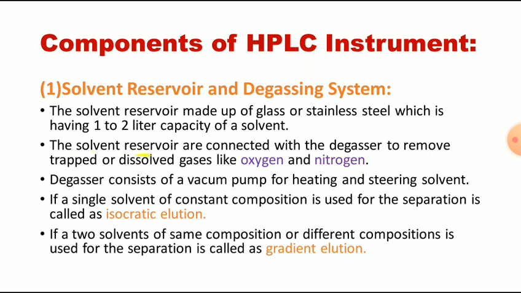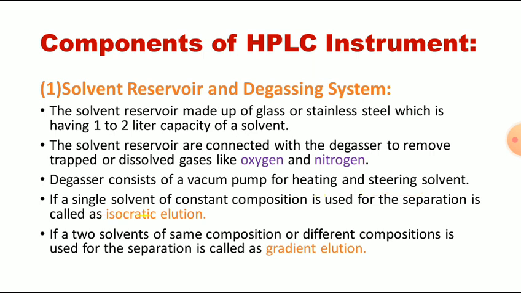The solvent reservoir is connected with the degasser to remove trapped or dissolved gases like oxygen and nitrogen. This is the main function of the degasser. The oxygen and nitrogen dissolved in the solvent will be removed. The degasser consists of a vacuum pump for heating and stirring the solvent.